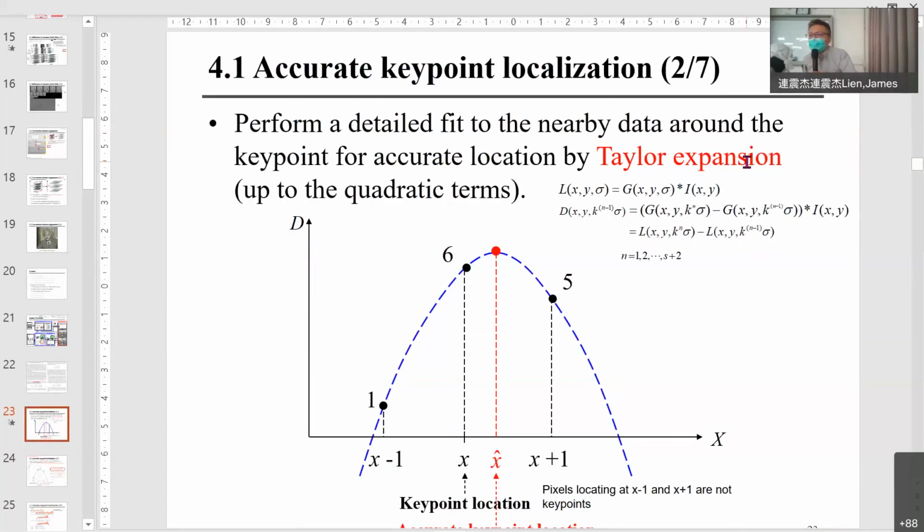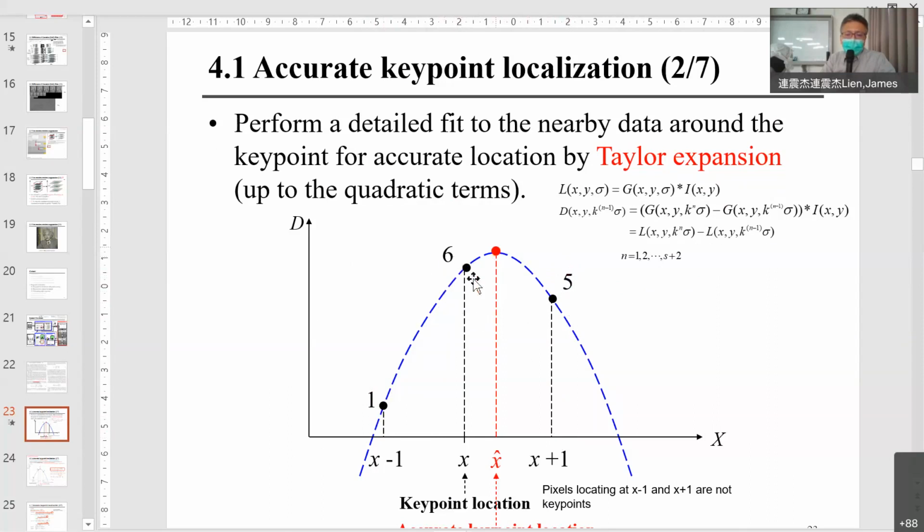Taylor expansion is important, and when we do optical flow, I will continue to talk about the Taylor expansion. Suppose you have this DoG result, and the first value is 1, the second is 6, the third is 5.